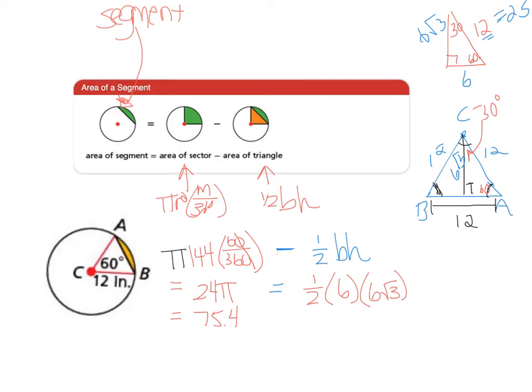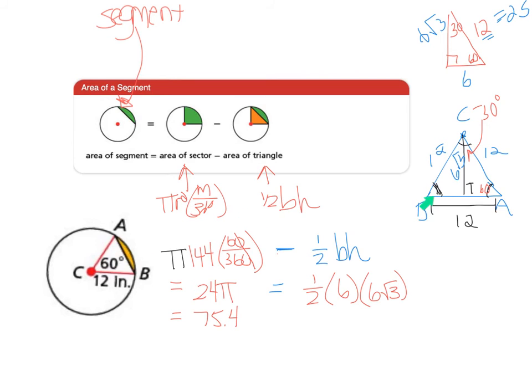Okay, so for area of a sector, I plugged my information into the formula. I got 24 pi, which I then calculated to be 75.4. Now I'm working on the area of the triangle. This is not the easy part because I don't have my base or my height. One thing you could recognize is that this is an equilateral triangle, so it's going to be 12, 12, 12. Or you can draw a line down this triangle.